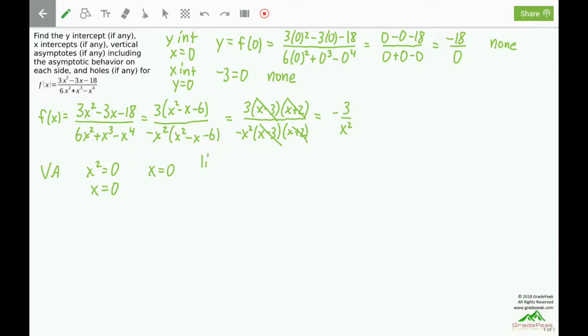We do want to analyze the asymptotic behavior on each side by taking the left-sided limit, indicated by the negative superscript on the 0, of the fully factored canceled version of the function, and the right-sided limit also of the fully factored canceled version of the function.